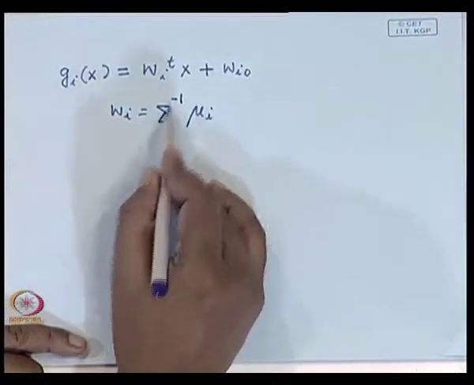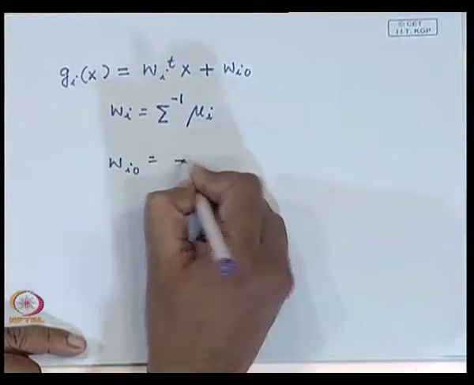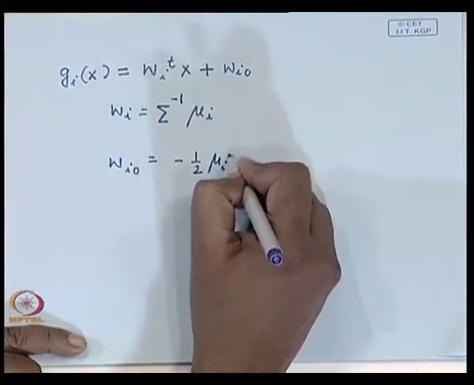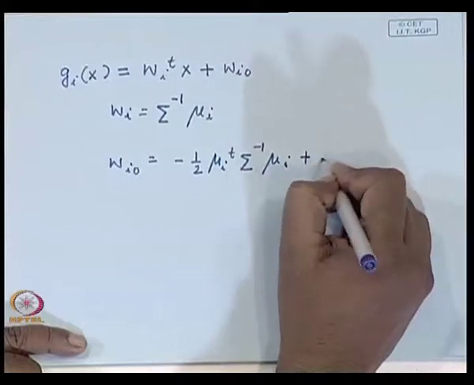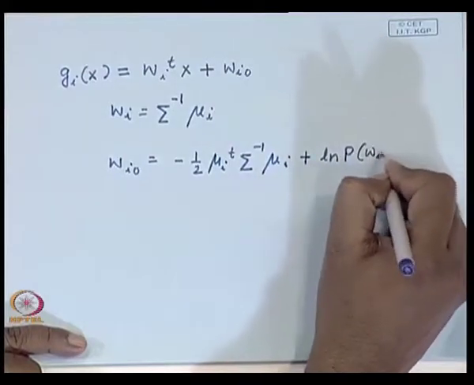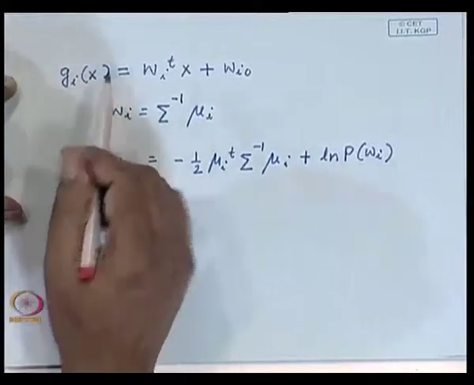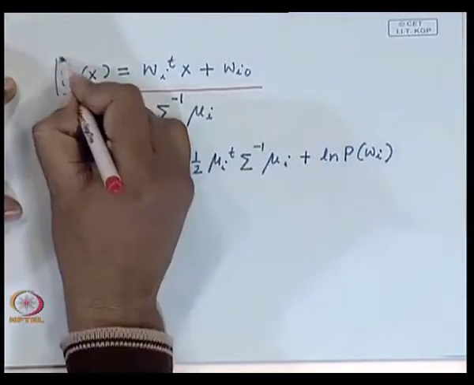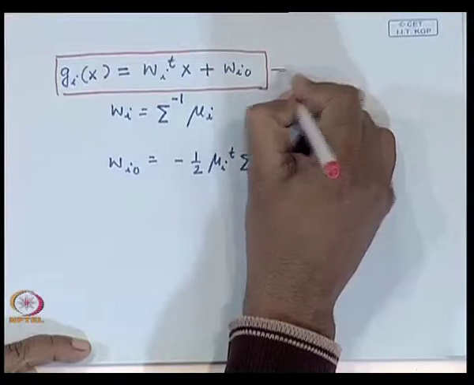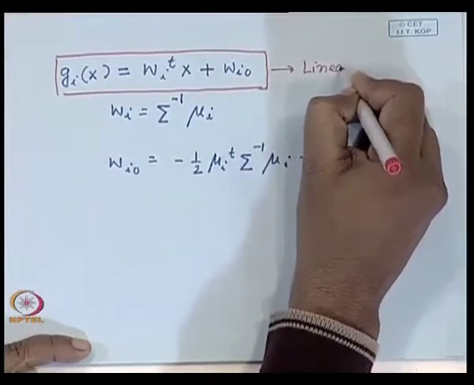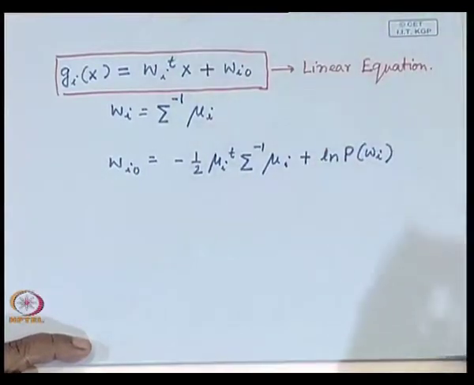And w_i0 is simply -1/2 μ_i^T Σ^{-1} μ_i + log P(ω_i). So, again this is a linear equation, because this is w_i^T x + w_i0.